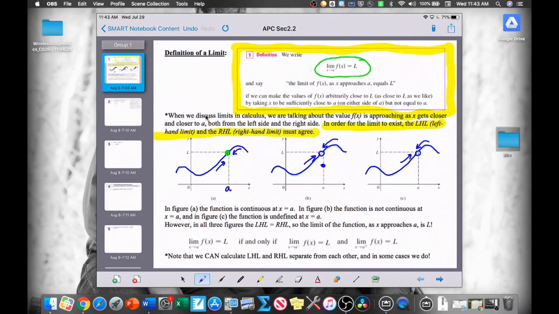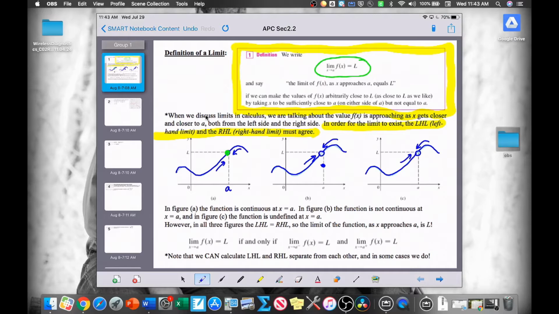In figure A, the function is continuous at a. In figure B, the function is not continuous at x equals a, and in figure C, the function is undefined at x equals a. However, in all three figures, the left-hand limit equals the right-hand limit, so the limit of the function as x approaches a is L.